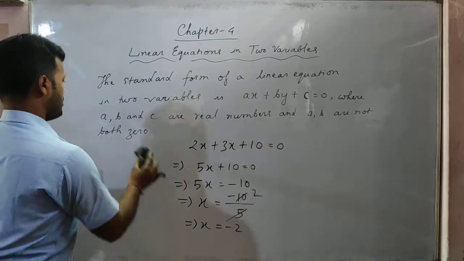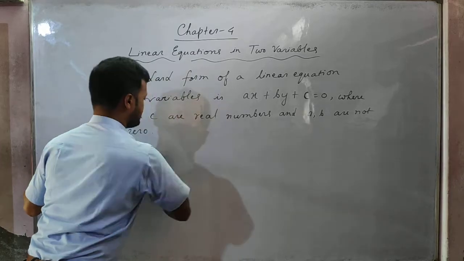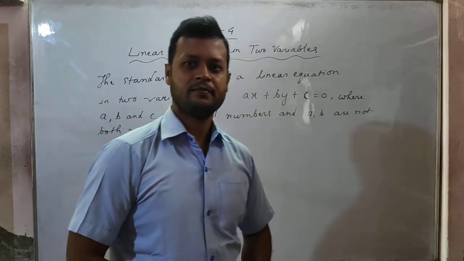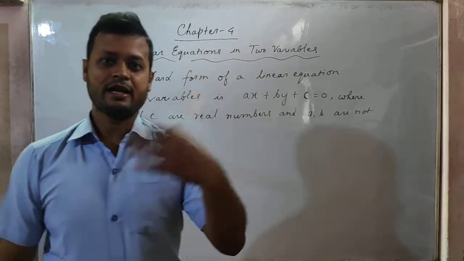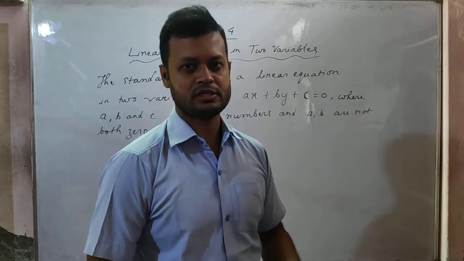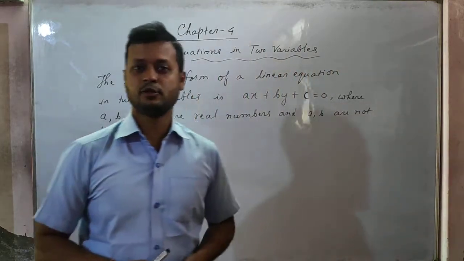So now you must be thinking, in what kind of conditions do we get this kind of equations? In real life situations, when do we get such situations where two variables will be useful?